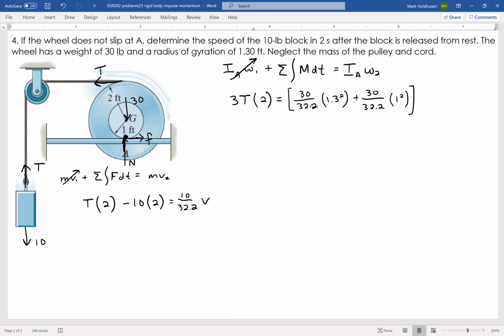Now, omega 2. Because of that point of pure rotation, I know the cable is moving at a velocity, and about that point, that velocity equals 3 feet times omega.